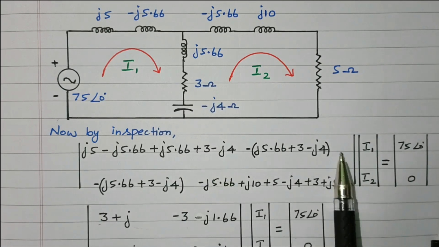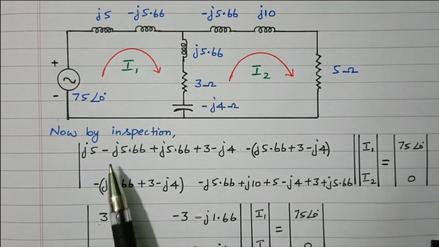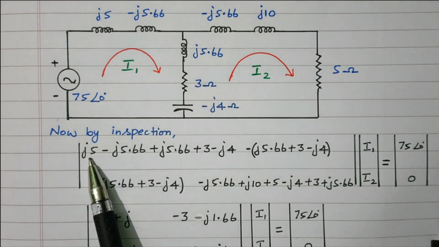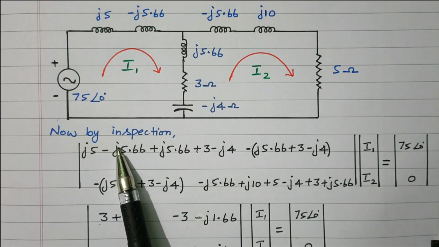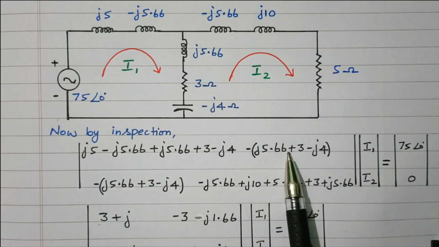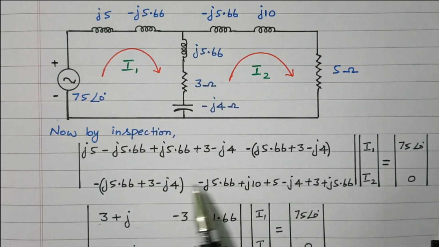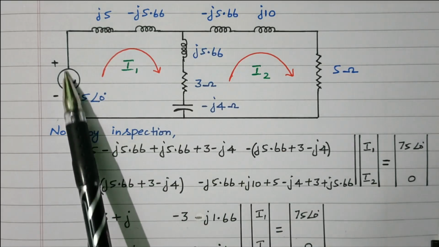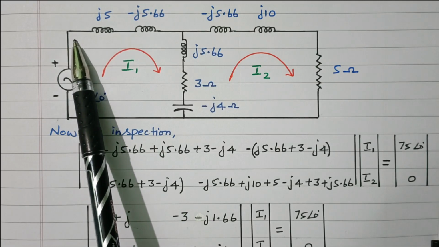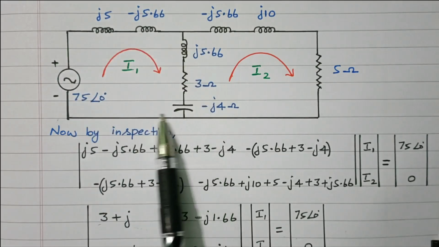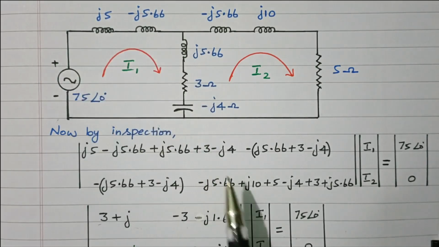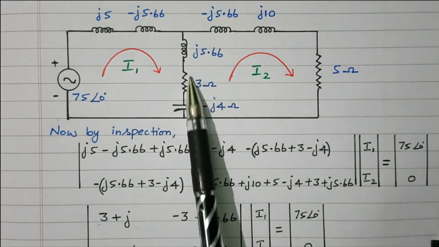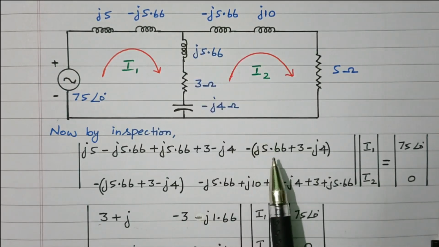Now we'll see the impedance matrix. So this is nothing but called Z11, Z12, Z21, Z22. Z11 is nothing but all the resistance and reactance available in the first loop. Z22 is available in the second loop.